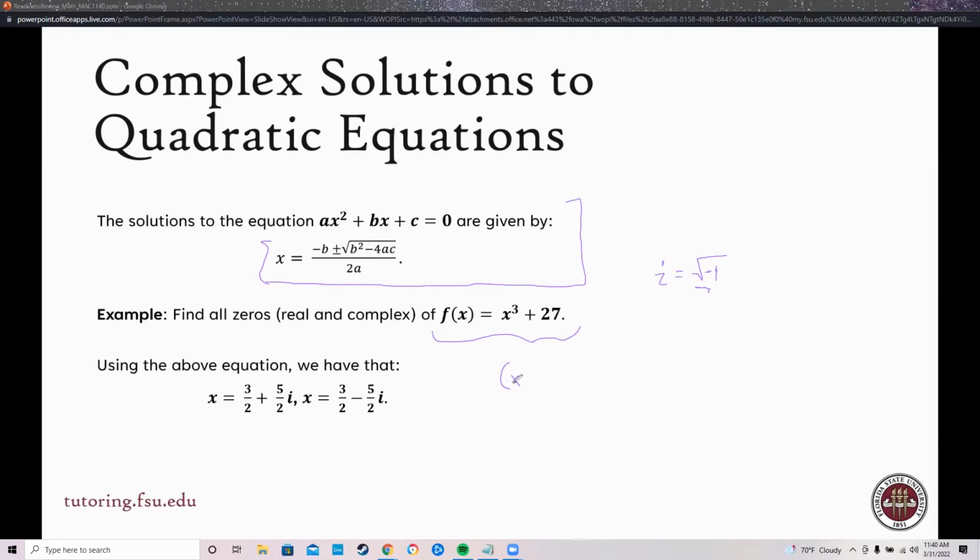So I can factor this out by doing x plus 3 times x squared plus 9.